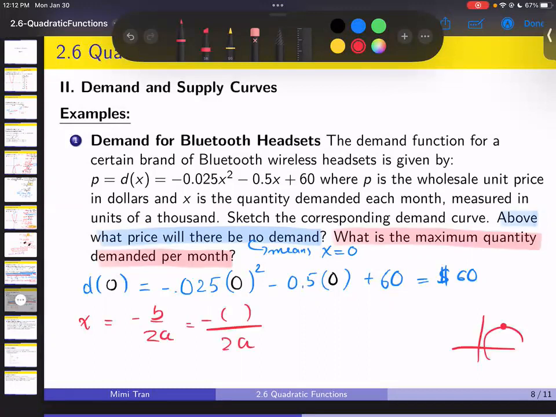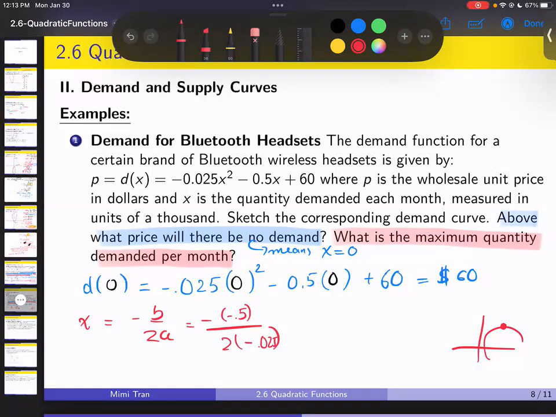B is negative 0.5 and A is negative 0.025. So 0.5 divided by 2 times... I'm a little unhappy.